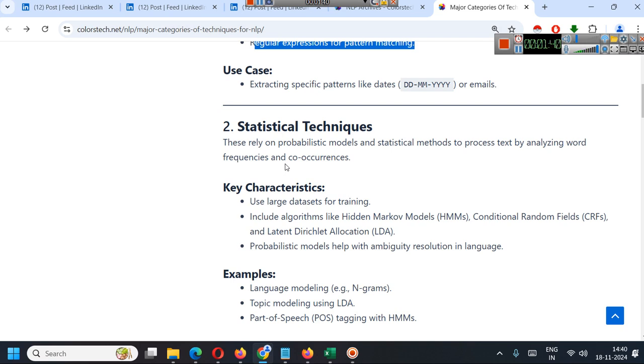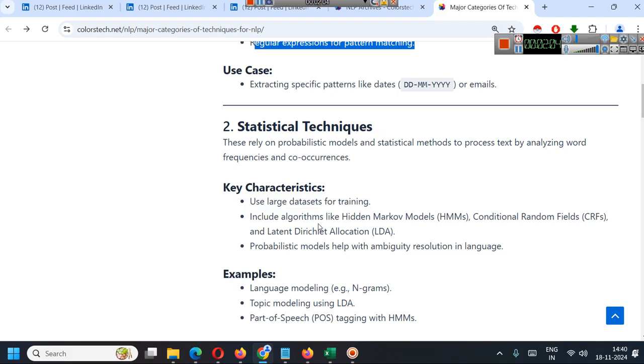Second relies on statistical techniques. These rely on probabilistic models and statistical methods to process text by analyzing word frequencies and co-occurrences. The key characteristics of statistical techniques are: here we use large data sets for training.